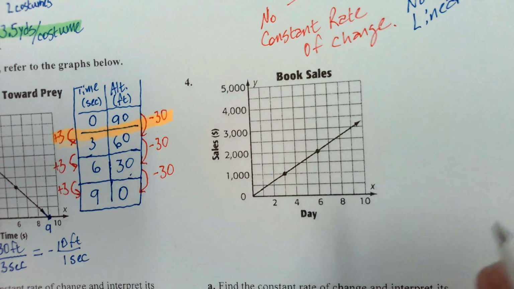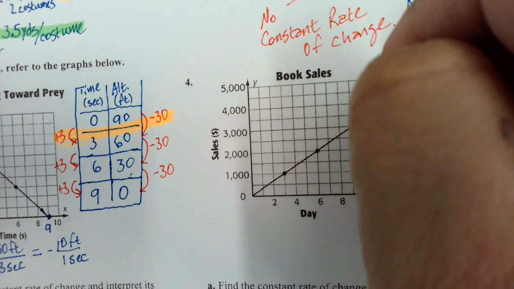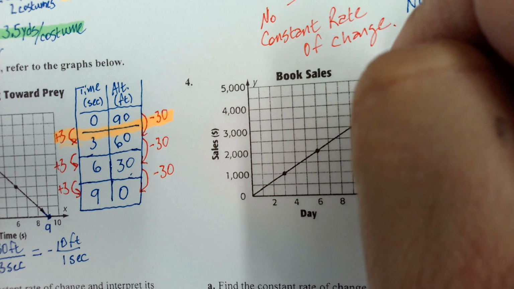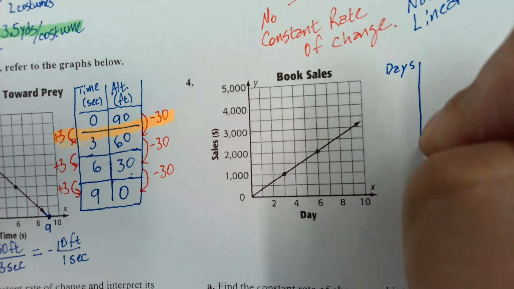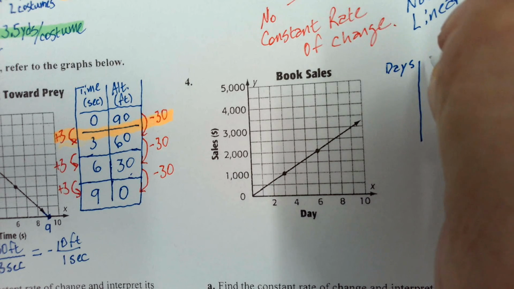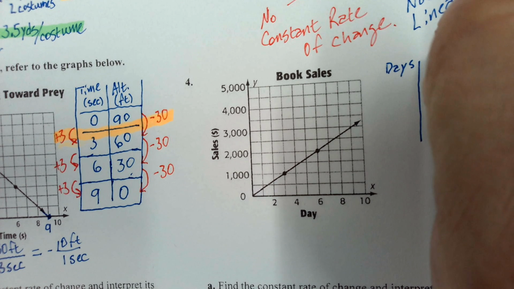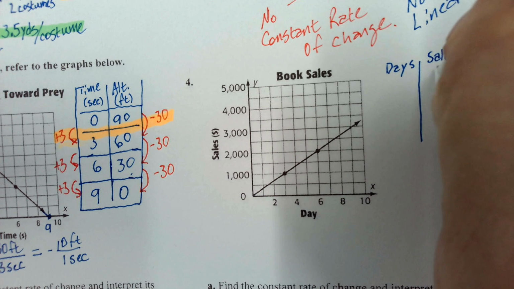So let's go ahead and put days as our first column. And we're going to put sales as our y column. And that's going to be dollars.